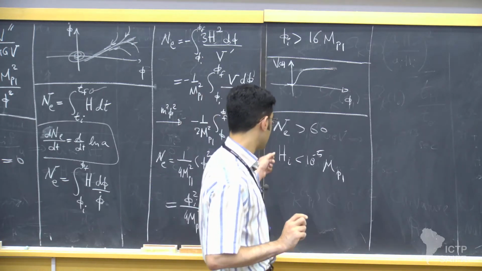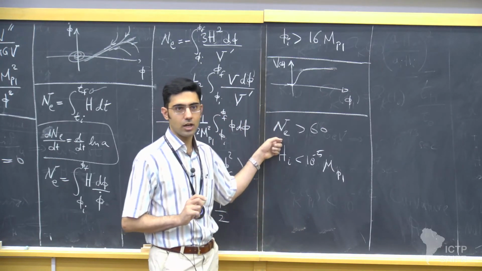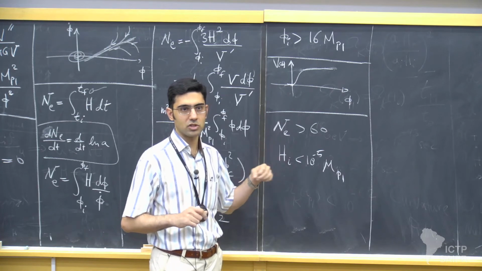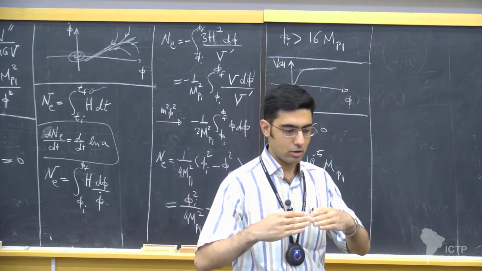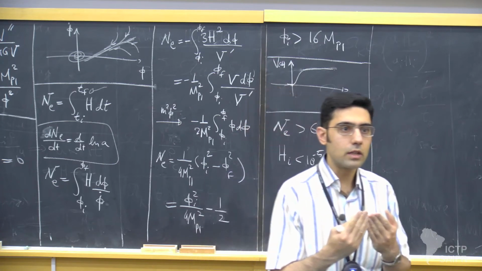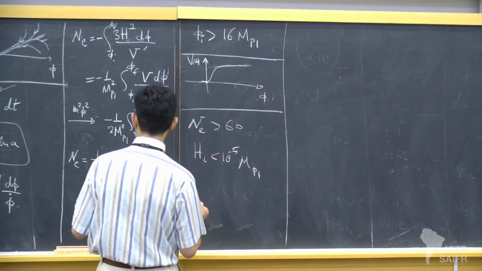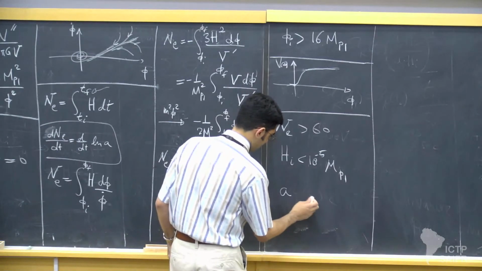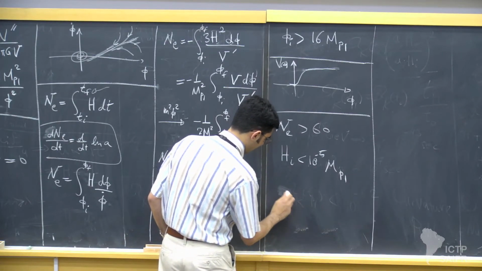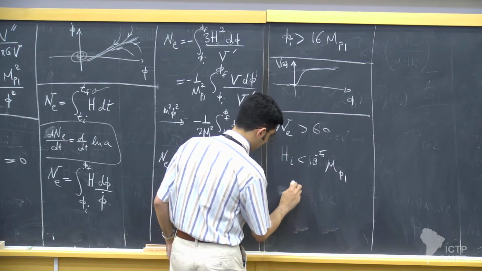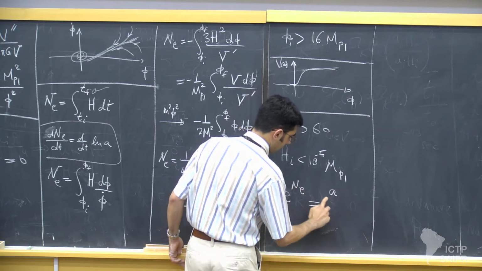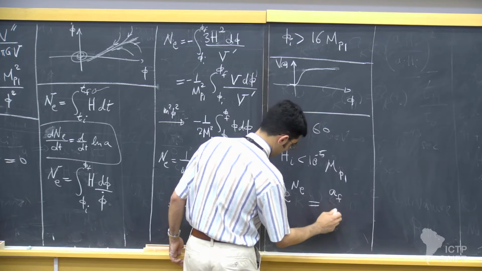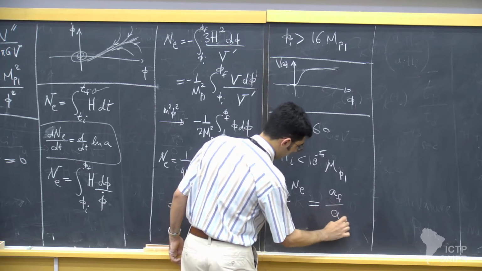No, there is no direct connection between H_I and the number of E-folds. So what is the number of E-folds? You have the scale factor. N_E was defined as follows: e to the N_E, the number of E-folds, was a final divided by a initial.